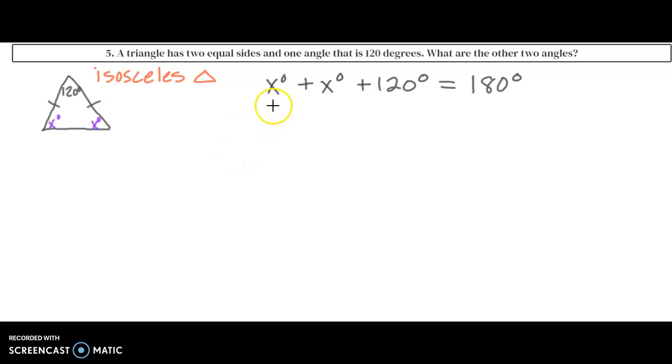Now, how do we solve for x? Because one of the angles, as the word problem states, is 120 degrees. x plus x is 2x degrees plus 120 degrees equals 180.